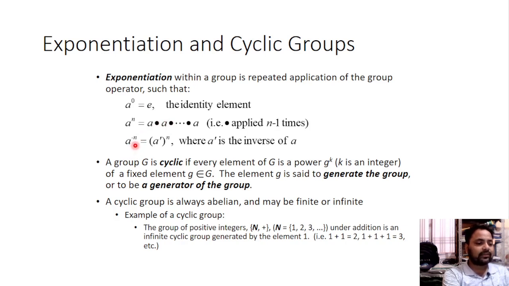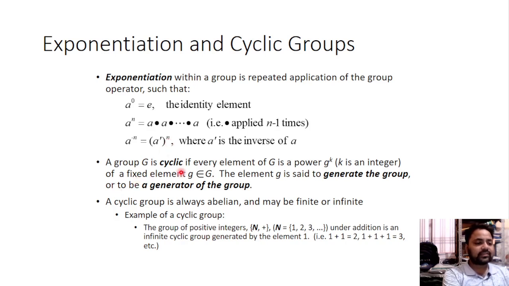A to the power minus n equals A dashed to the power n, where A dashed is the inverse of A. Here A dashed is equal to 1 by A, the inverse of A, that is A to the power minus 1. So A to the power minus 1 times n gives A to the power minus n. So we can write A to the power minus n in the form A dashed to the power n.